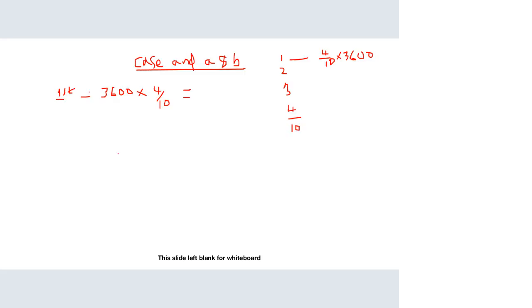So 3,600 times 4 out of 10 gives 1440. Okay, so that is 1440. We do the same again for the second installment.